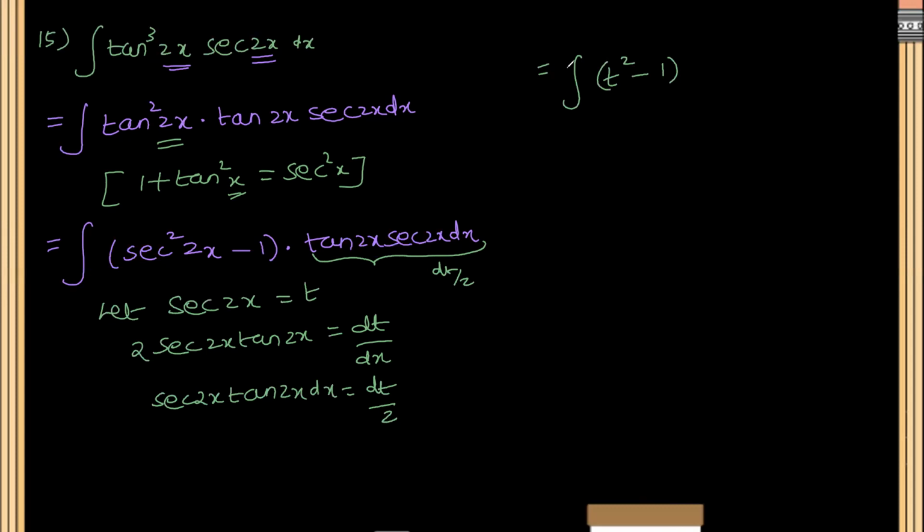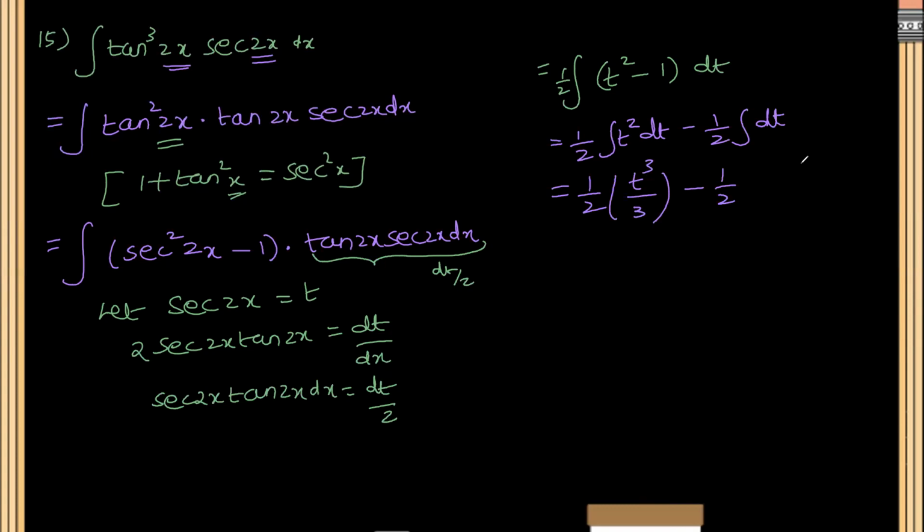This 1 by 2 I am taking outside of the integral. This will be dt. So we have two separate terms. That means 1 by 2 integral t square dt minus 1 by 2 into integral 1 into dt is dt. And integration of t square is t cube by 3, and already 1 by 2 we have outside.